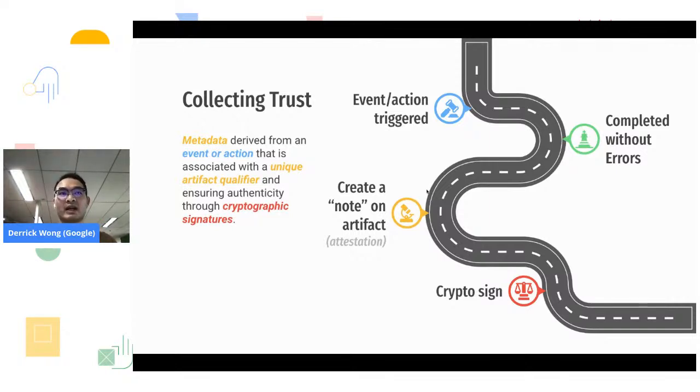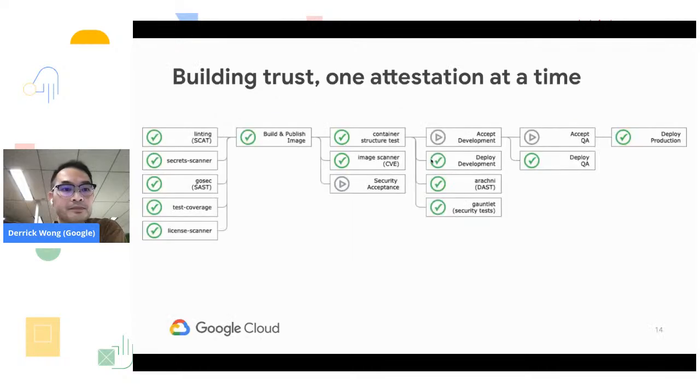And then only that tool got the private key, or only that person got the private key. And then this will be signed using the private key, and then you use the public key to verify the signature in the later stage. All right, so this is the collecting trust concept. We'll use it later, I think in the 5th stage. I'll go through these with you guys.